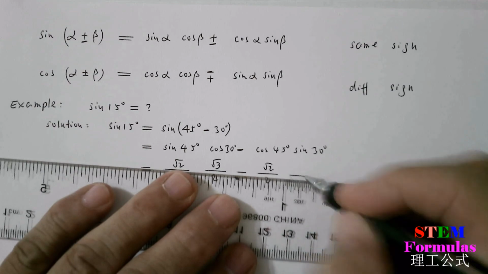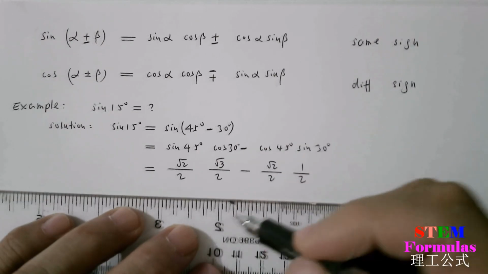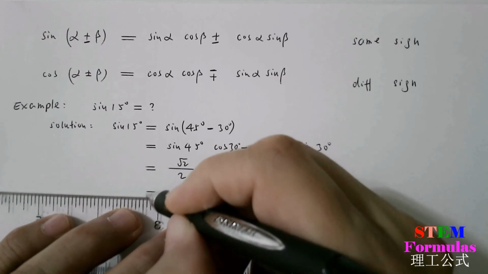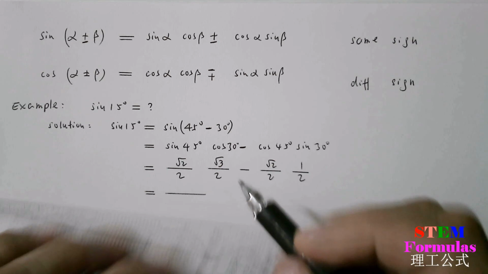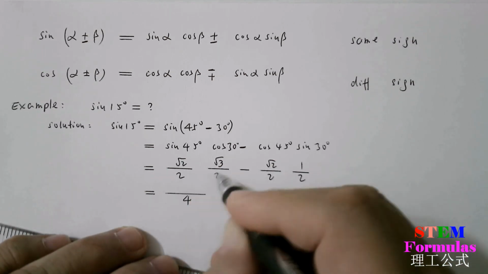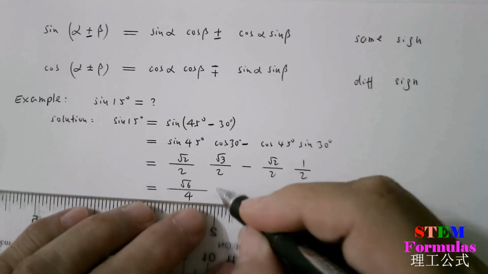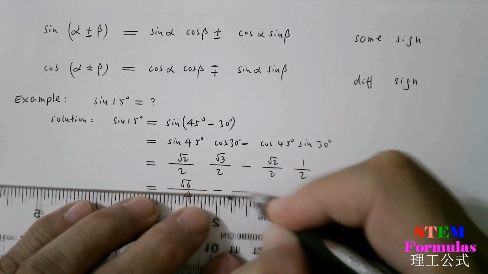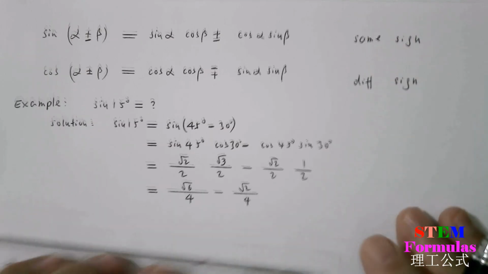Sine 30 equals 1/2. So this one equals square root 6 over 4 minus square root 2 over 4.